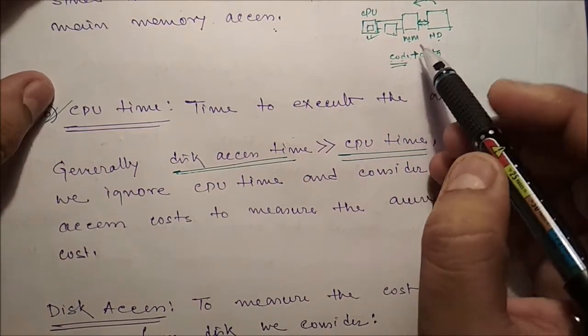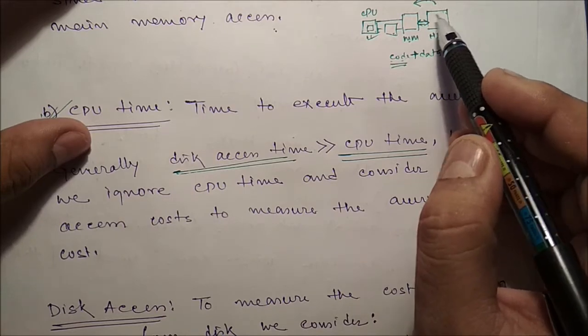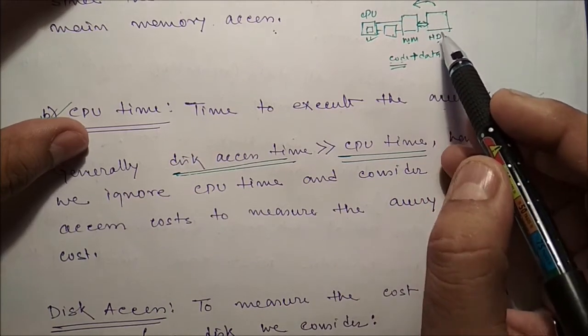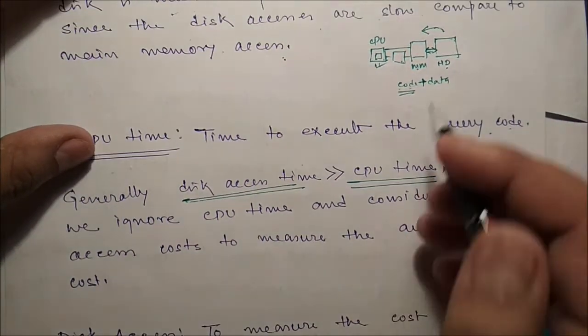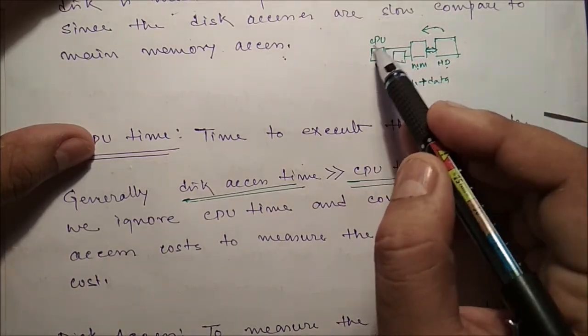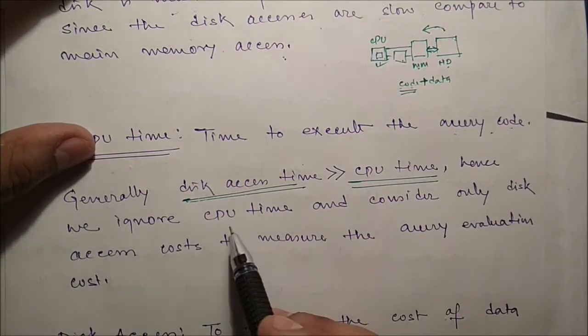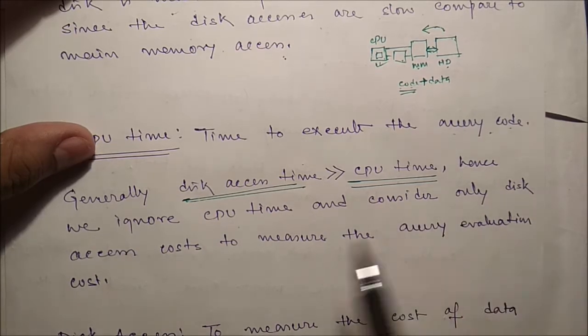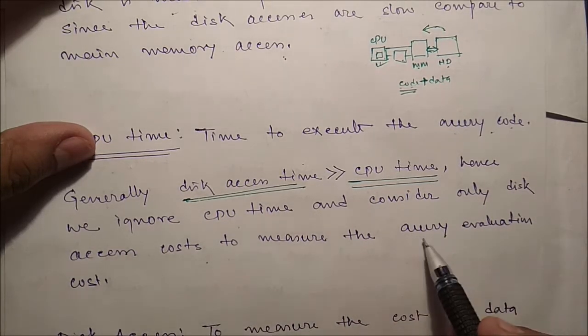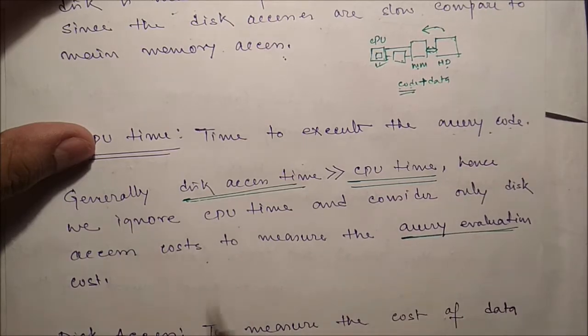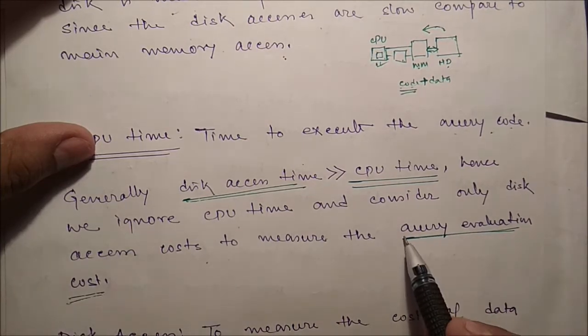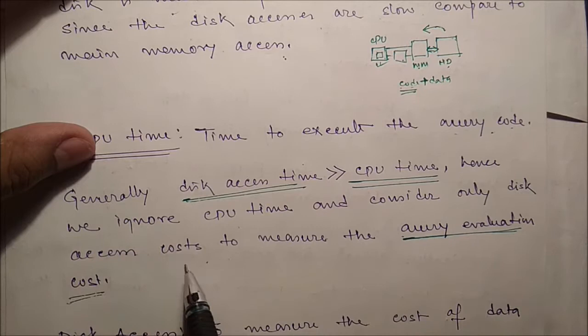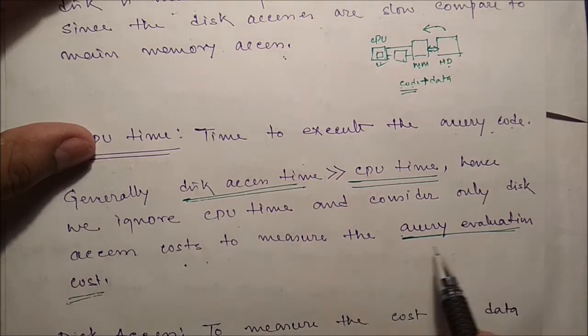The time to access, fetch, store or write data on the hard disk is much higher than CPU execution time. Hence we ignore the CPU time and only consider the disk access cost to measure the query evaluation cost. So our main goal is to identify the disk access cost to measure the query evaluation cost.